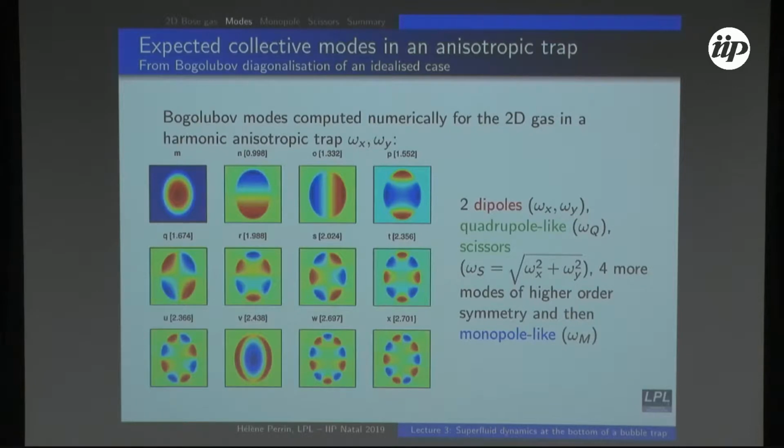Strictly speaking, it's not the quadrupole and the monopole because in this calculation the trap is anisotropic. For the monopole you really need something isotropic. It's monopole-like in the sense that the different Thomas-Fermi radii oscillate in phase, whereas here the Thomas-Fermi radii oscillate in opposite phase.